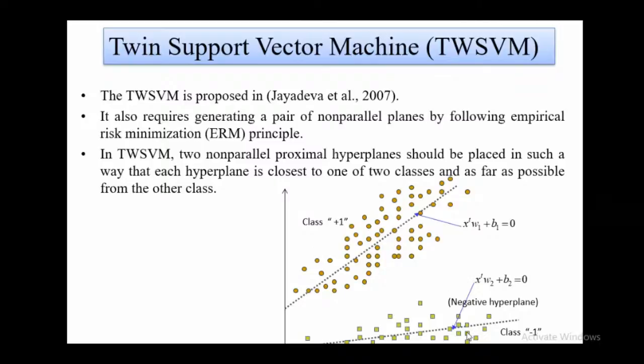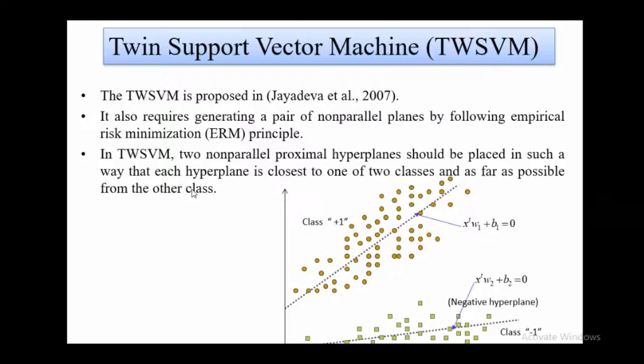So in SVM we have only a single hyperplane, but in TWSVM we try to find two non-parallel proximal hyperplanes, placed in such a way that each hyperplane is closest to one of the two classes and as far as possible from the other class.